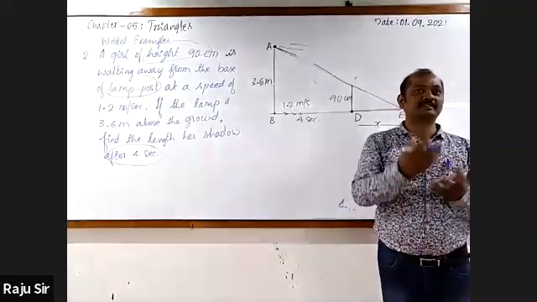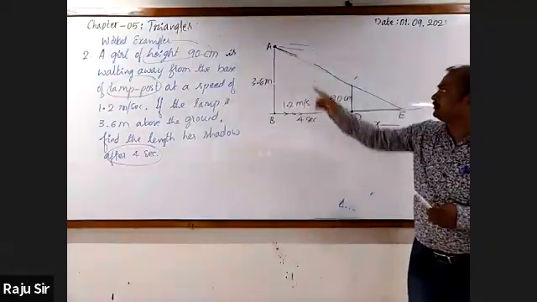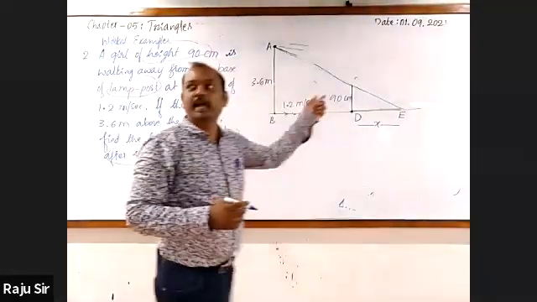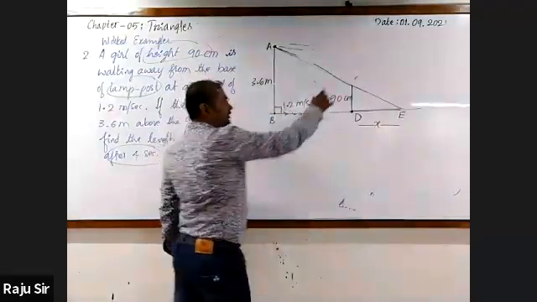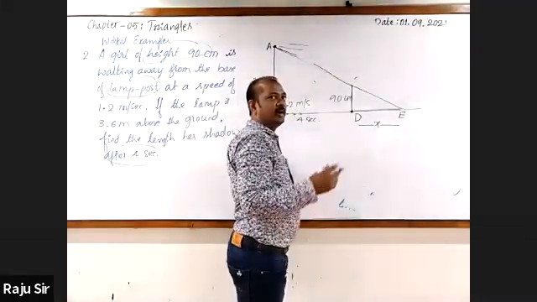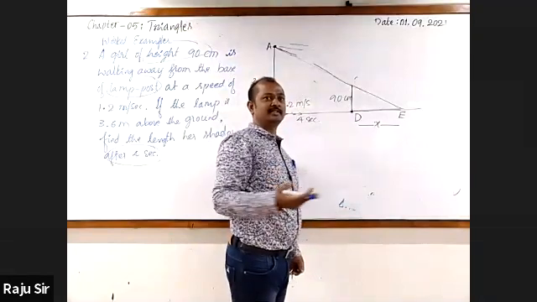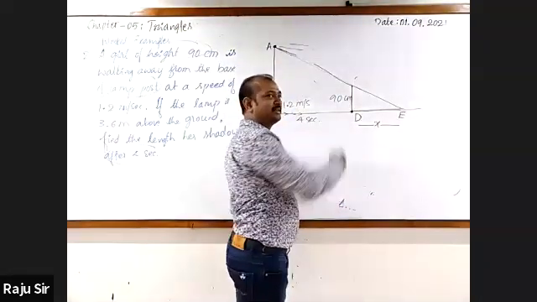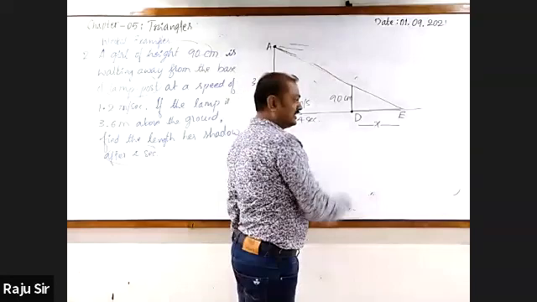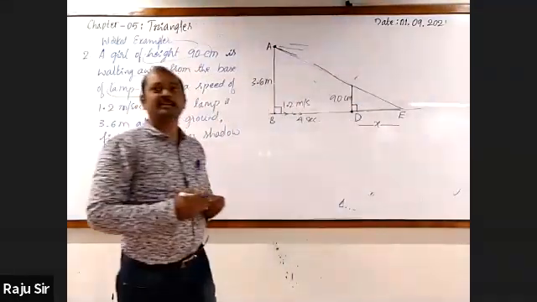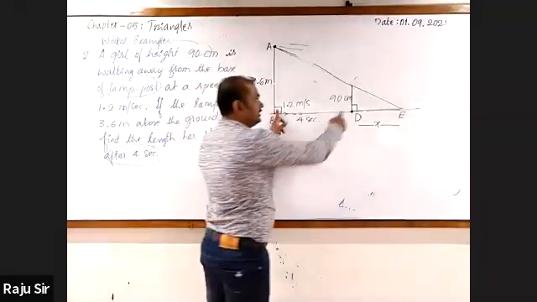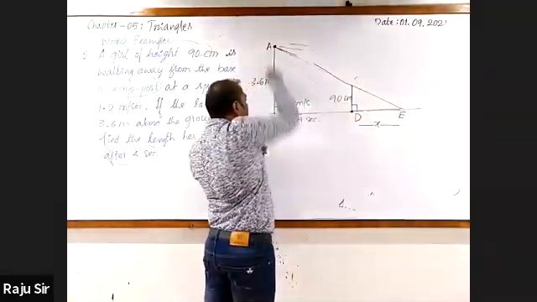When we stand or sit, we are perpendicular to the ground. Here the lamp post is perpendicular to the ground. The girl is perpendicular too, she is not sleeping. So this is 90 and this is also 90 degrees. What do you say about A, B and C?